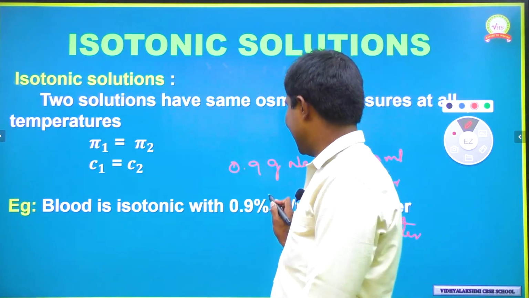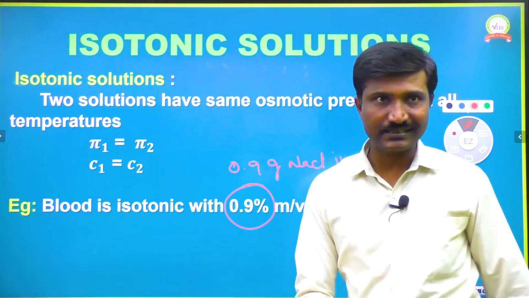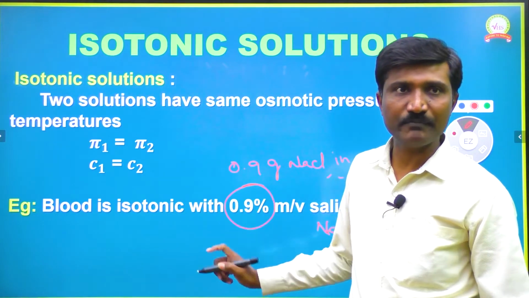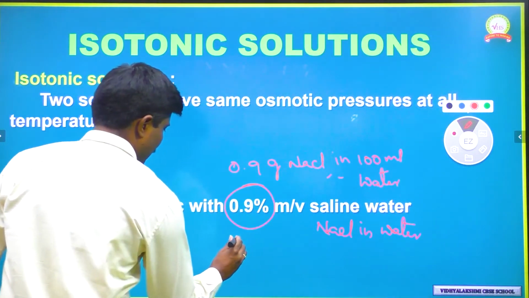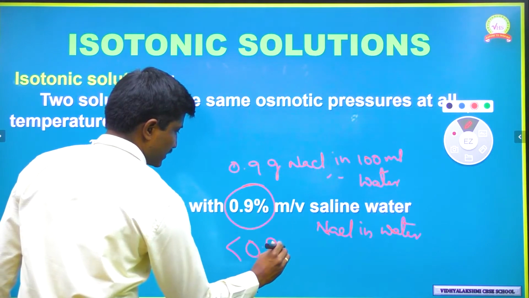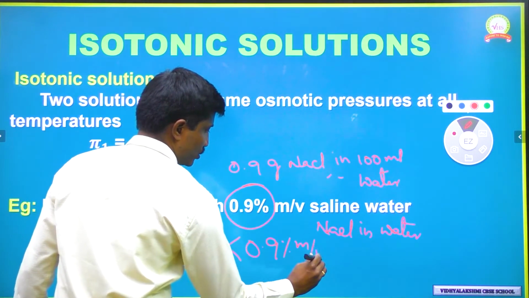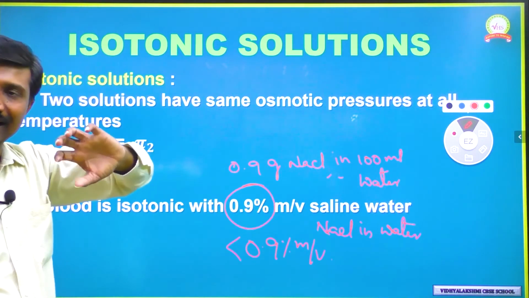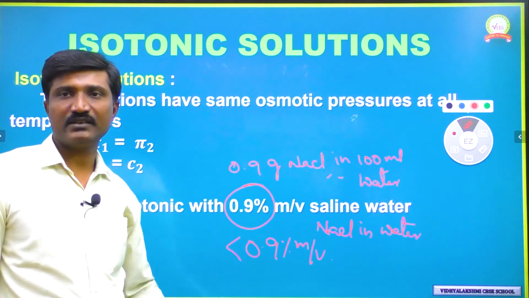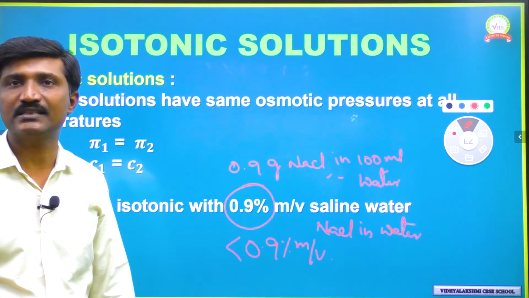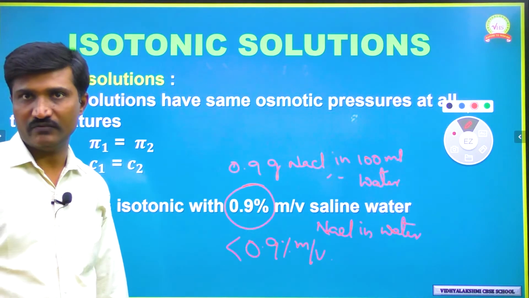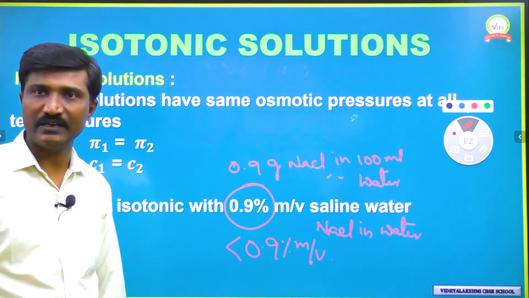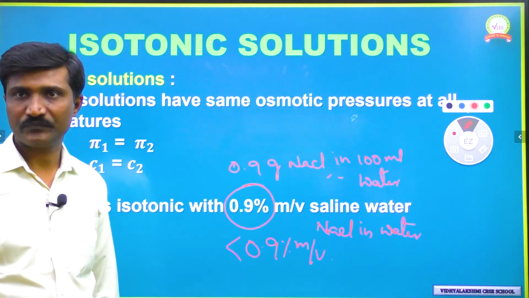If we prepare the saline water concentration less than this 0.9%, if we prepare less than 0.9% m by v solution of NaCl or saline water, then that solution acts as a hypotonic solution, which shows less osmotic pressure than blood. Okay.